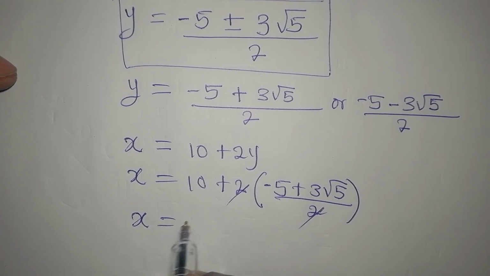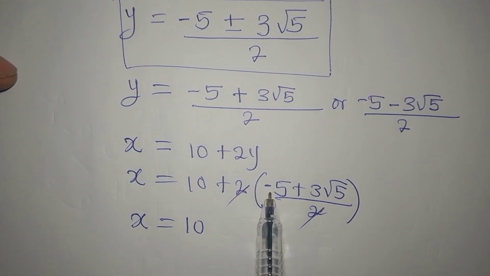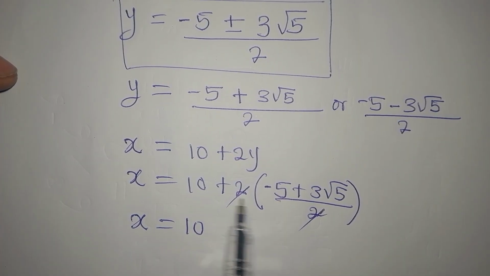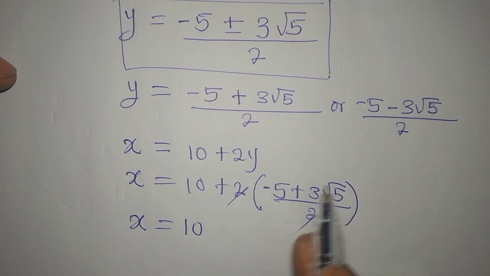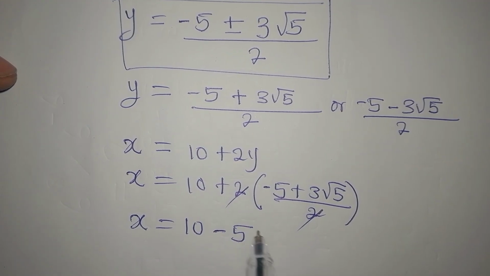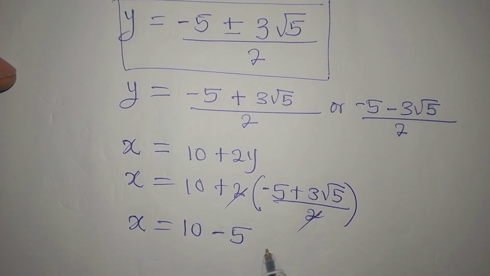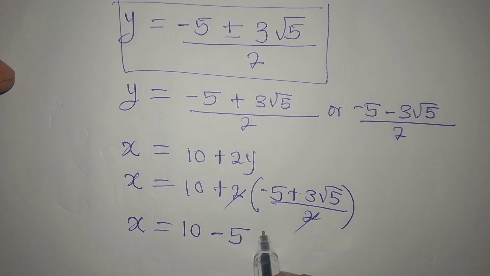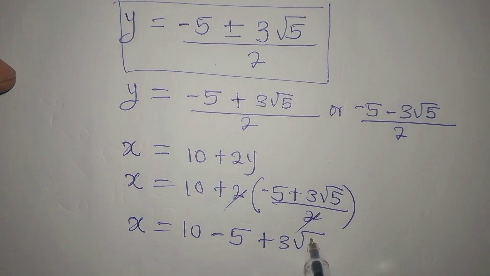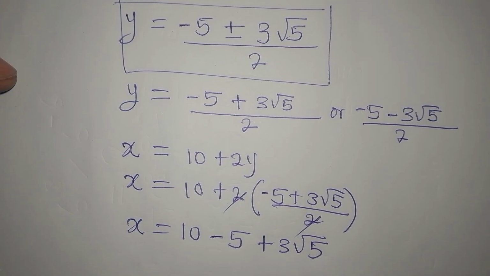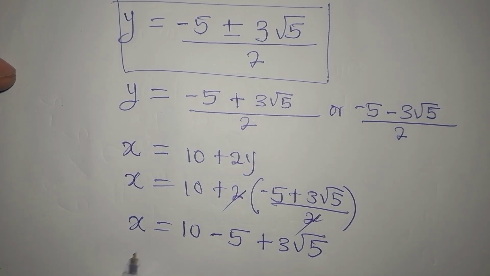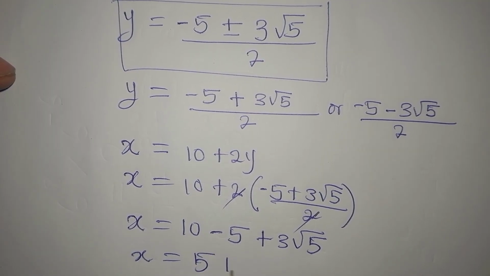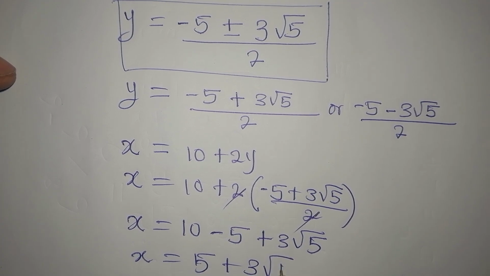So x will now be 10. We open the bracket, positive multiplied by negative 5, that will be negative 5. Then positive will still give us positive. So we write 3 root 5. This 2 is already gone. So x now is 10 minus 5, which is 5, plus 3 root 5.